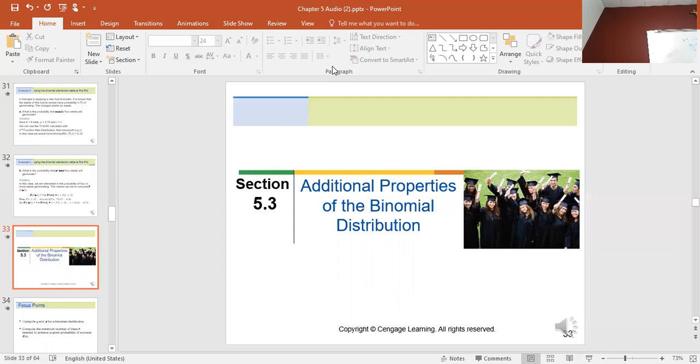I just want you to know what the CDF stands for. Instead of doing P of 0 plus P of 1 plus P of 2 plus P of 3 plus P of 4, you use CDF. So what answer do you have? So 5.3.